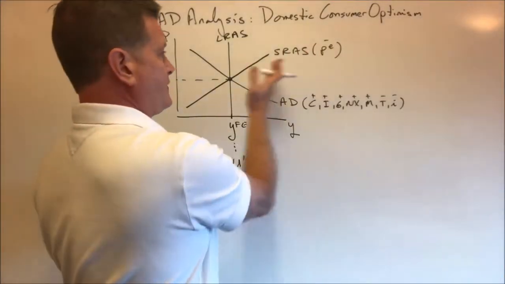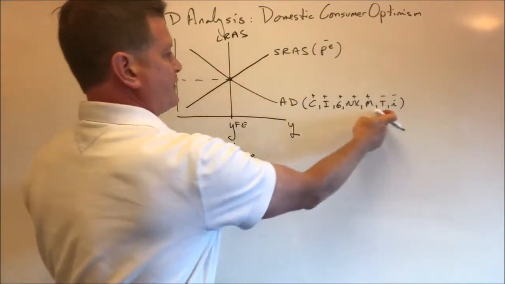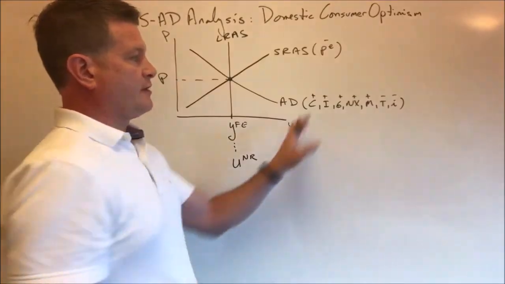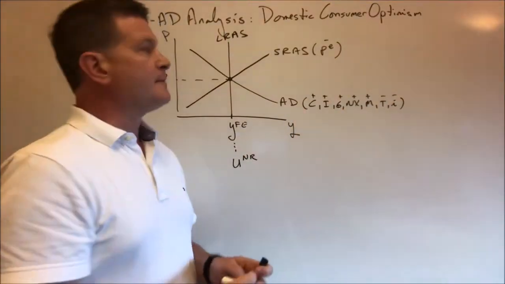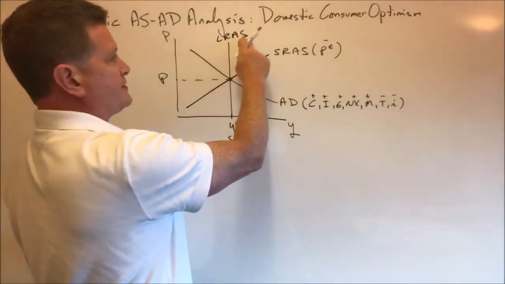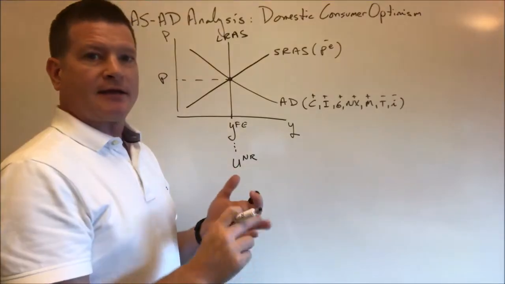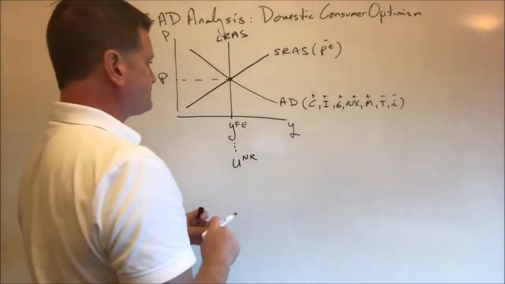So if this goes up, this thing shifts to the left. If any of these go up, this shifts to the right. If any of these go up, this shifts to the left. Those are the shorthand that I use. Since we generally are not going to move the long run aggregate supply, I won't put what's in there, but it is all fundamental real variables: land, labor, technology, and capital.